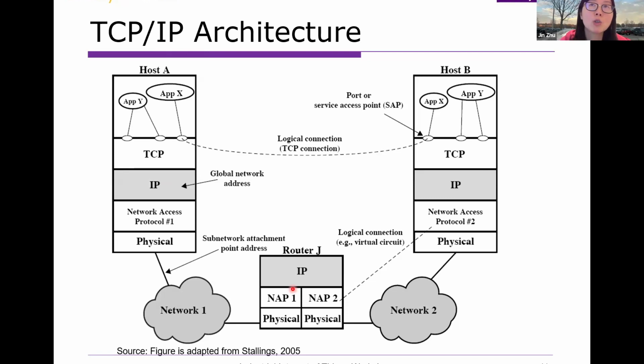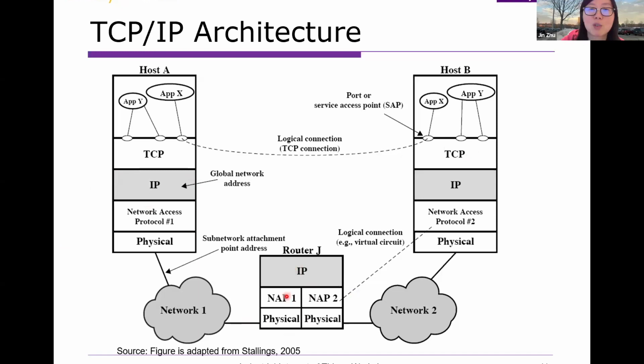In order to deliver a message from host A to host B, you have to have a unique IP address for host A and host B. Network devices in between, like routers and switches, only need to care about the lower three layers.